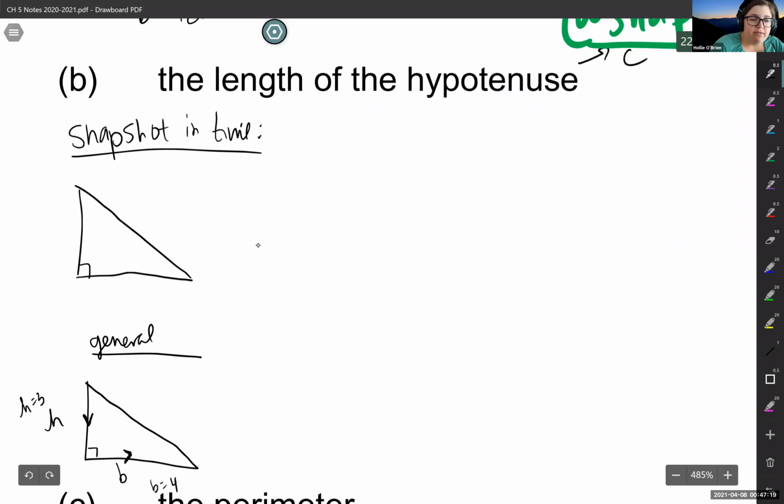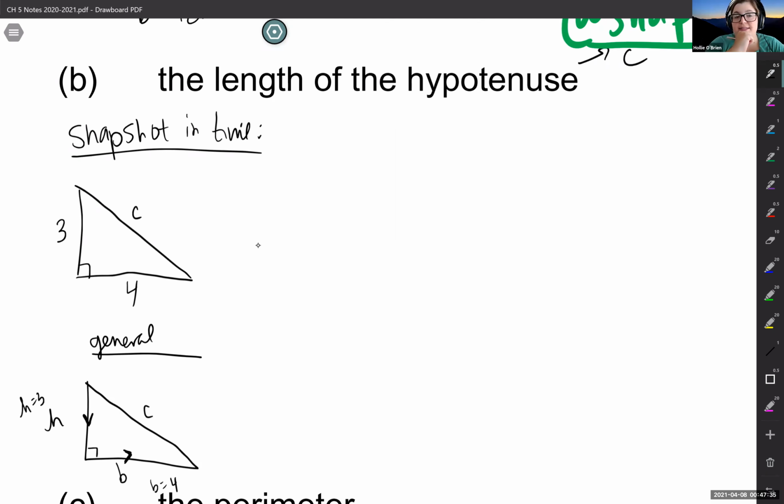This is what I did up above. And then this is my C, my hypotenuse. Now, the snapshot in time. At that instant we're interested in, the height is 3, the base is 4, and we should figure out what's the hypotenuse.